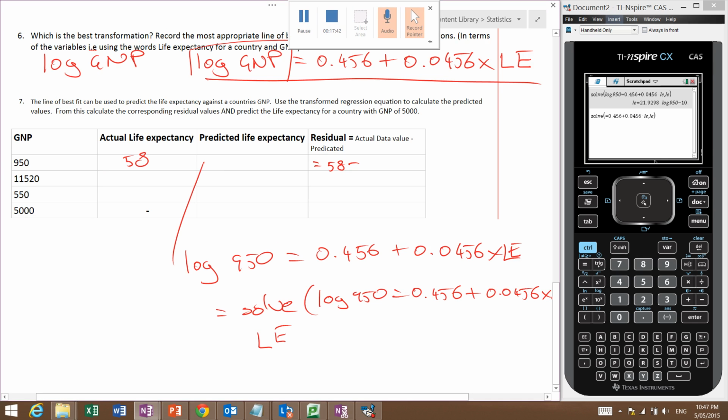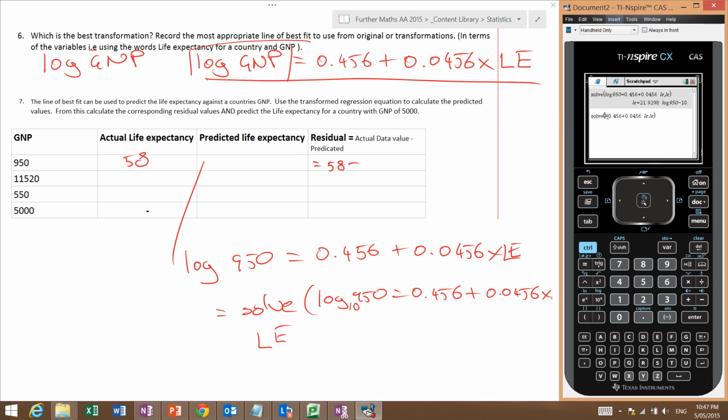Okay. So what I just realized, and this is just something to be careful with, you should have base 10. So when you do your calculation up here, when you got that base 10, so you go control, and then so you got the log, you're going to put 10 down there. Then up here, you want to put 950 because that's what we had before.